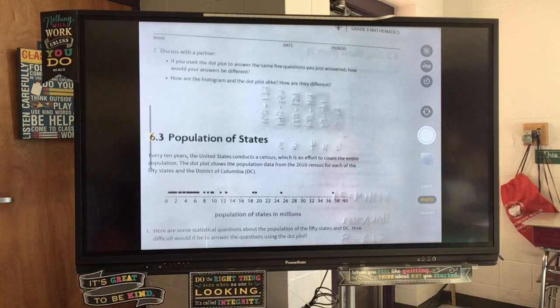Oh, I thought you said... Alright, I feel like it really depends on the data that you're looking at and the questions that you're answering as to which one is better or worse. So, yes, dot plots are definitely more accurate, more specific, but I wouldn't say that they're better than the others. Again, it just depends.